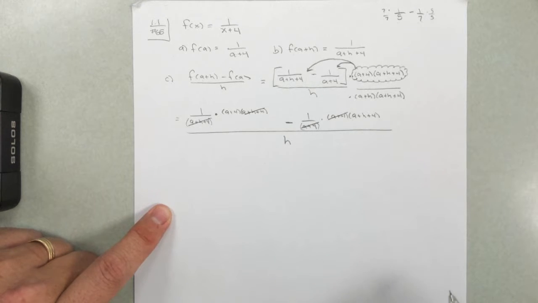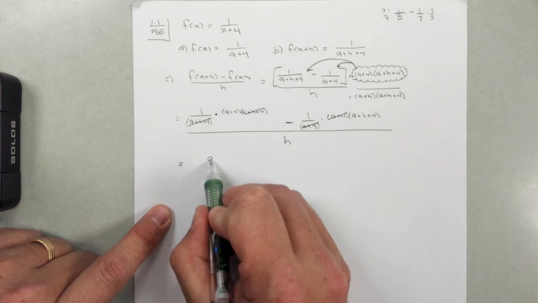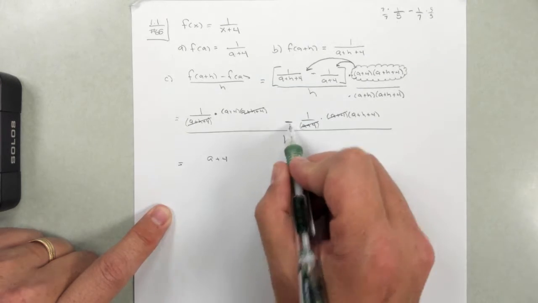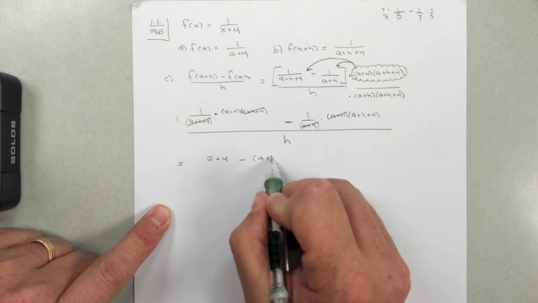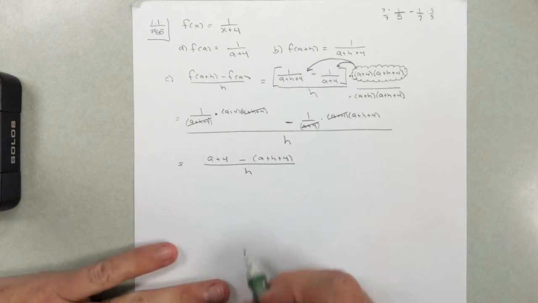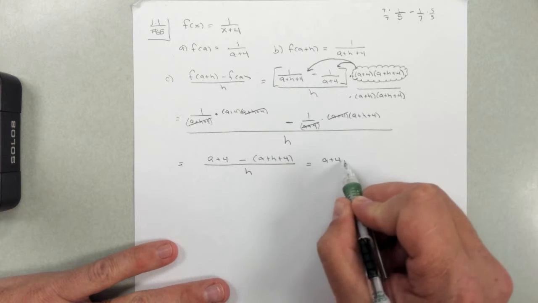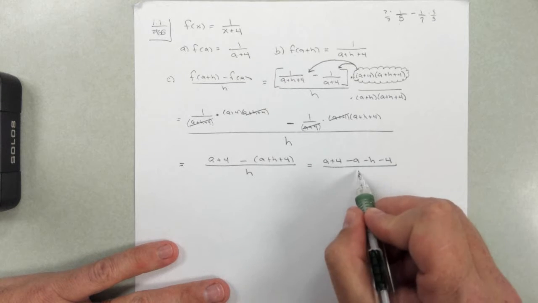We've now eliminated our fraction within a fraction. 1 times a plus 4 is a plus 4. And then minus 1 times a plus h plus 4 is a plus h plus 4. Don't forget the parentheses here so that you can remember to distribute to all those and get a plus 4 minus a minus h minus 4, all over h.